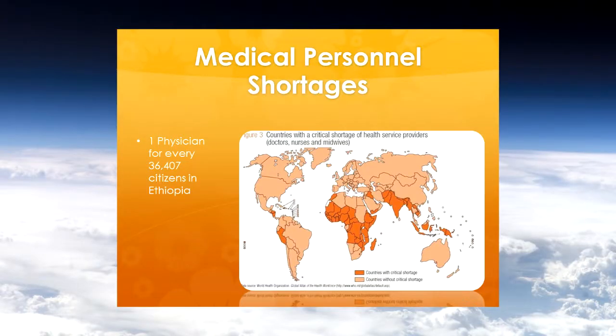If you look more closely at this region, the area just does not have enough doctors. To pull an example from Ethiopia, in 2010, the World Health Organization also estimated that the ratio of physicians to citizens was 1 physician for every 37,000 citizens.